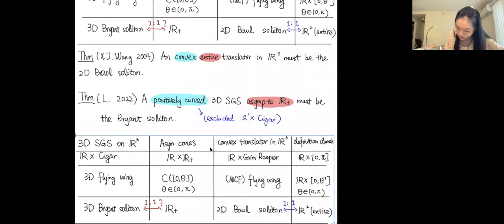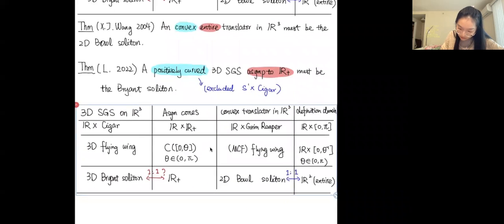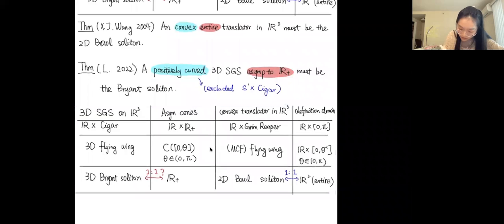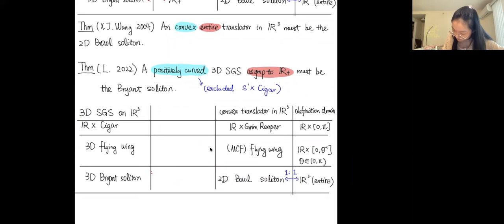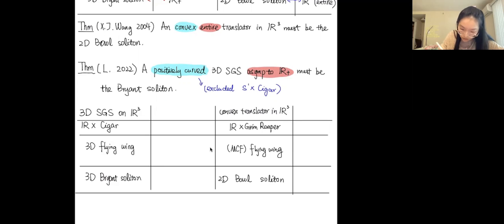In order to get a good candidate for this symmetry, we look at this comparison diagram again, but this time instead of looking at their asymptotic cones, we look at their symmetries and make a comparison.